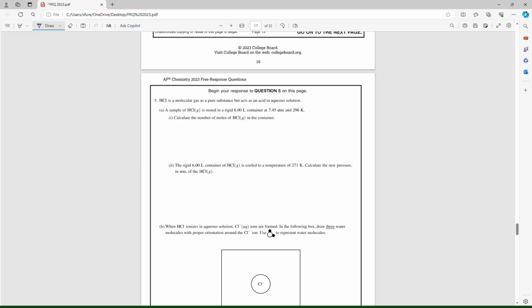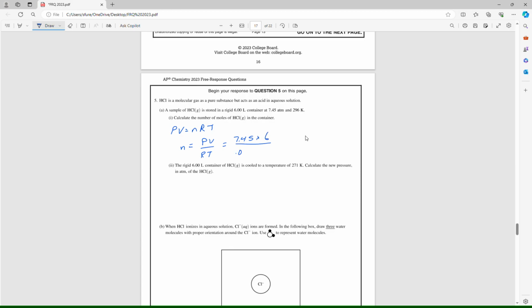Okay, number 5. Let's go. Calculate the number of moles of HCl in the container. A sample of HCl is stored in a rigid 6-liter container at 7.45 atm and 296 Kelvin. Let's use PV = nRT. If we want, we could solve for moles: n equals PV over RT. P is given to us as 7.45. Liters is given to us as 6.